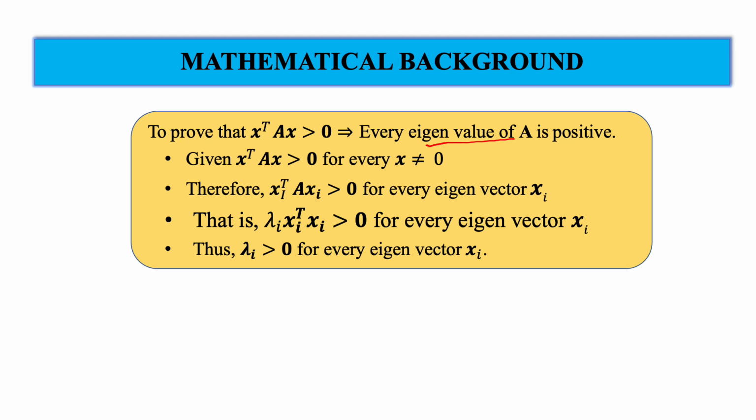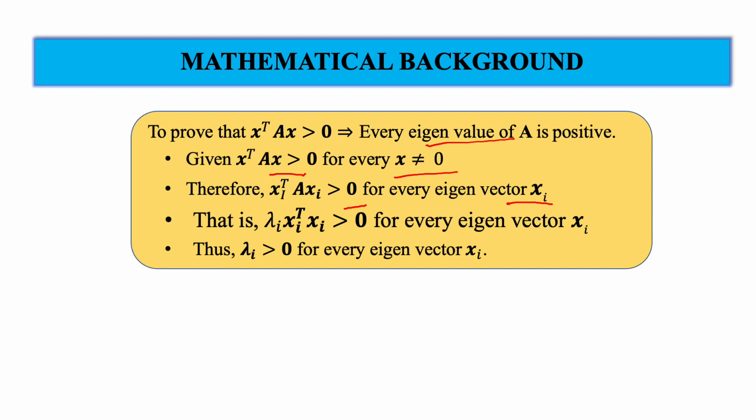Now note that we are given x transpose Ax is greater than 0 for every non-zero x in n-dimensional space. Since that holds for every x which is non-zero, we can write xi transpose A xi is greater than 0 for every eigenvector xi.